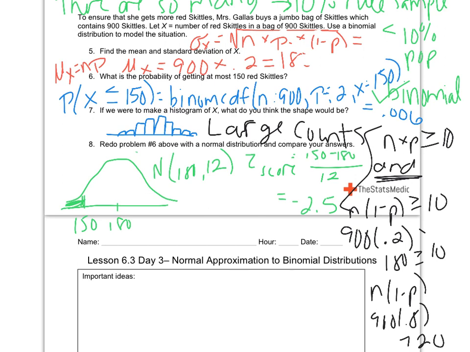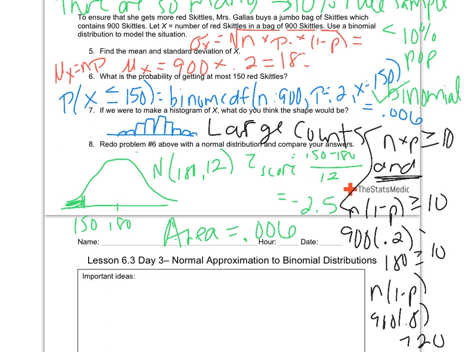And then I'm either plugging the 150, the 180, the 12 into my normal CDF on my calculator, or I am using my table A, and I should get an area that is approximately 0.006, which is the same as what we got when we did it with the binomial function on the calculator.